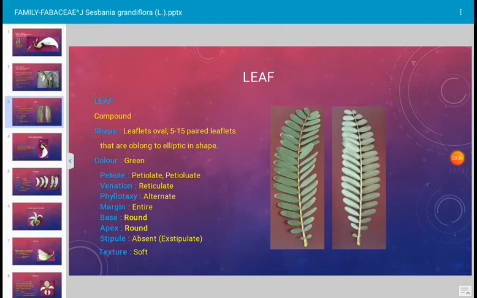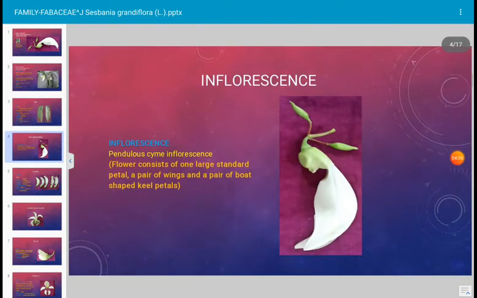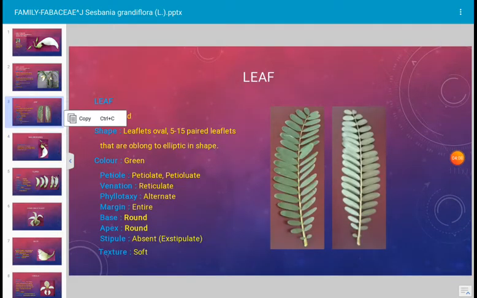How is the shape of the leaflet? The shape of the leaflet is oval, and 1 to 15 pairs of leaflets are attached. This compound leaf is paripinnate. Why is it called paripinnate? Because all the leaflets are even in number. Even number of leaflets are there. Therefore, it is a paripinnate compound leaf which occurs in Sesbania grandiflora, family Fabaceae.